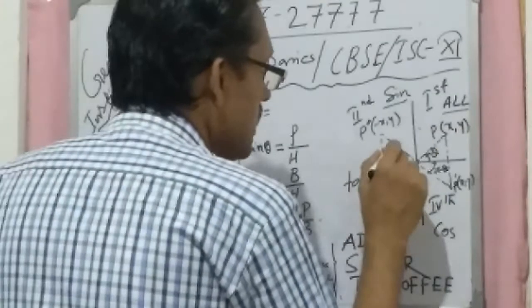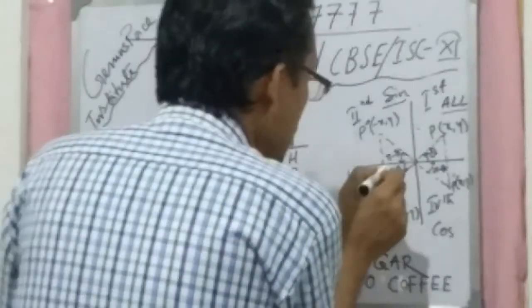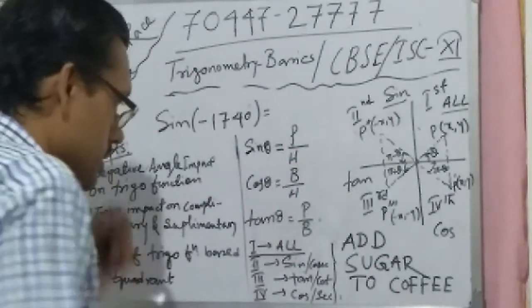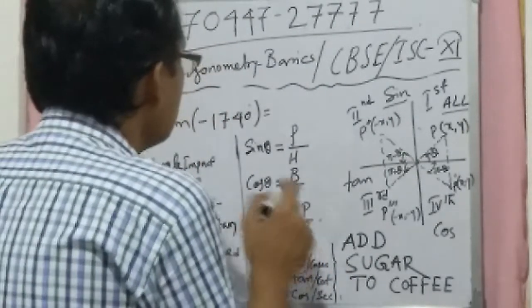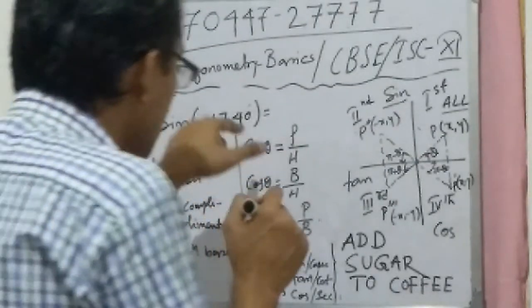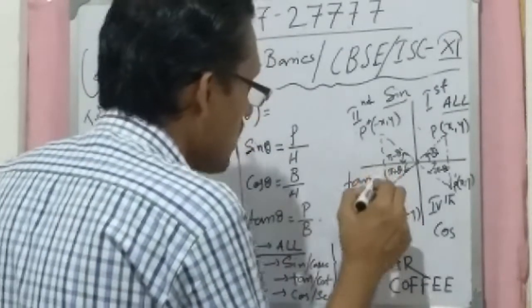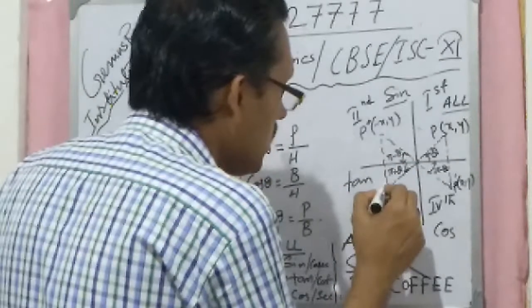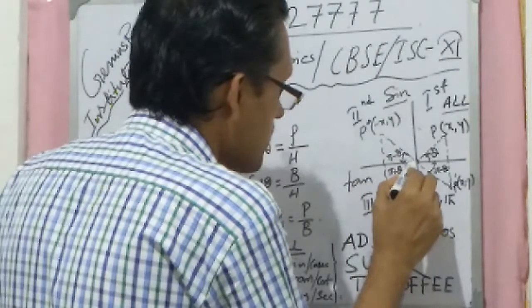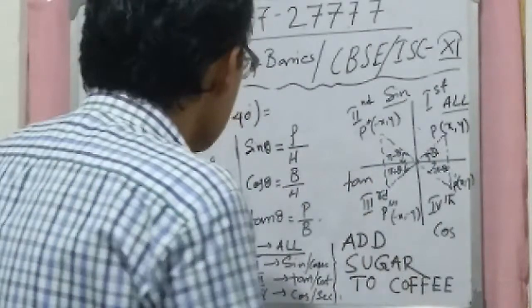So earlier it was theta, now this portion is pi plus theta. Therefore we'll write it in the sine case: this is perpendicular, this is base, and this is hypotenuse.